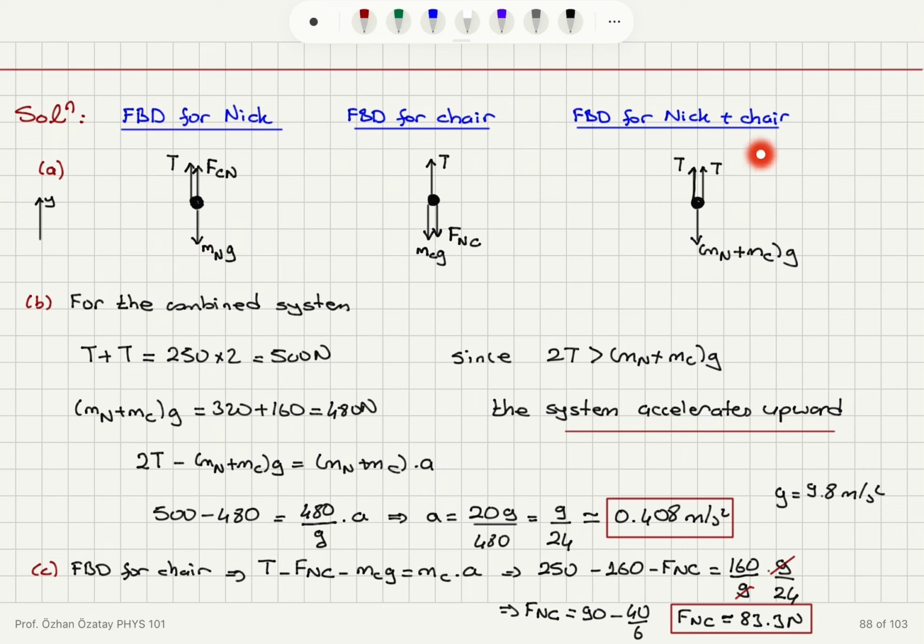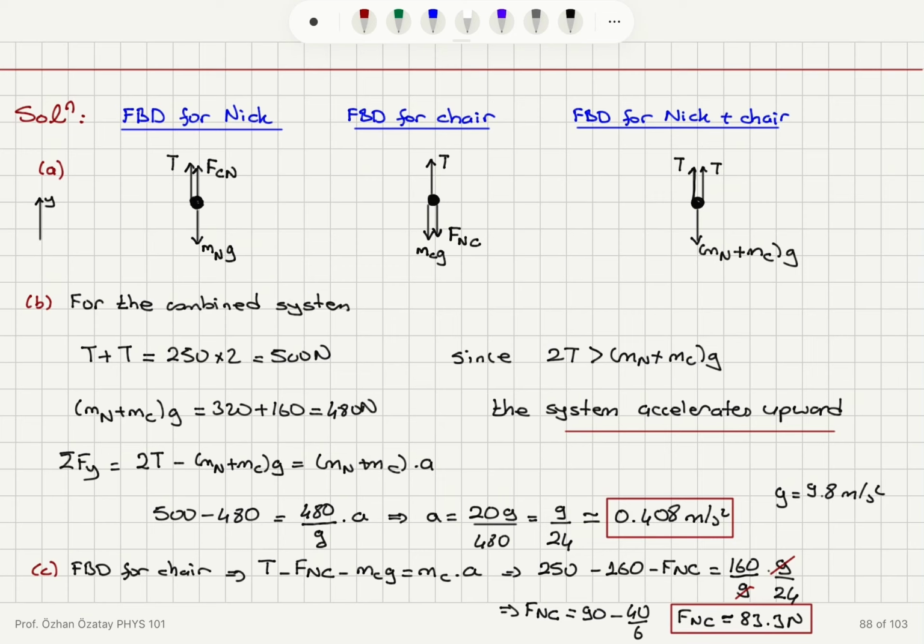Then for the combined system of Nick and chair, because 2T was greater than the total weight, we see the system accelerates upward, and using 2T minus the total weight equals total mass times the acceleration a, net force on y is equal to total mass times a, we can find a here.